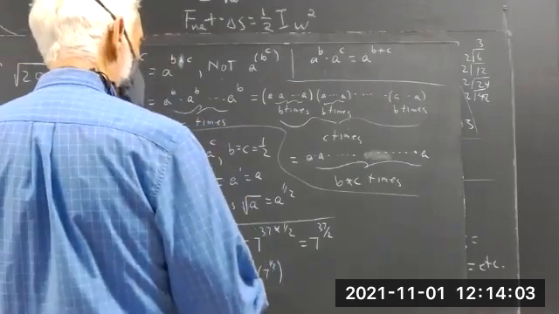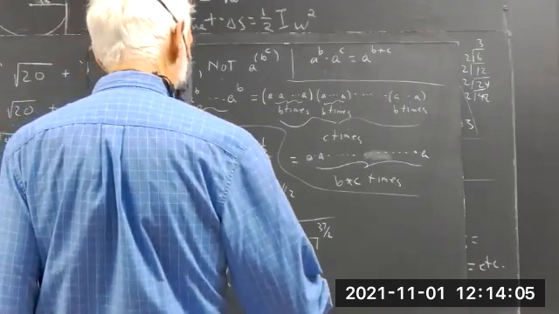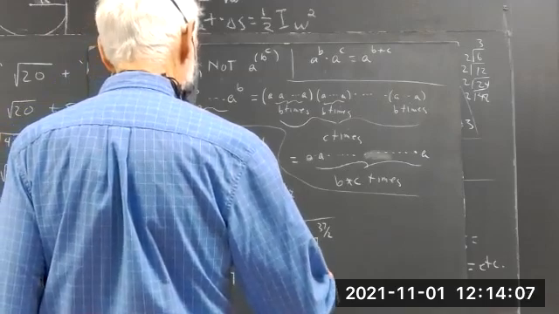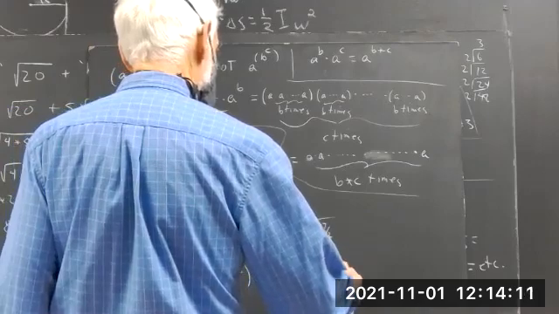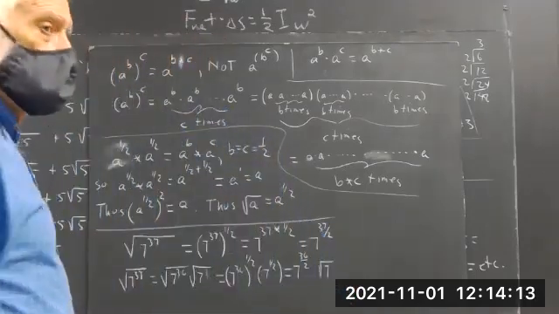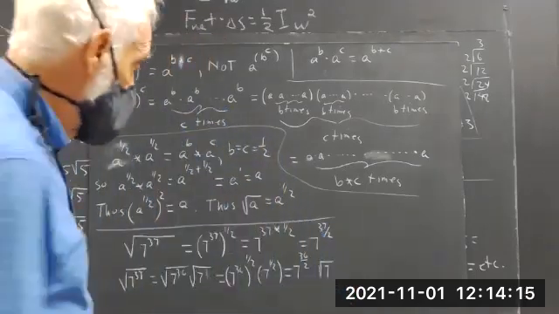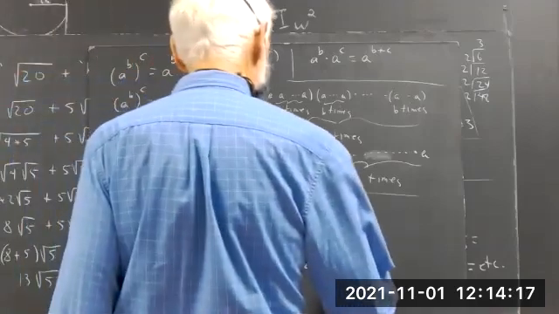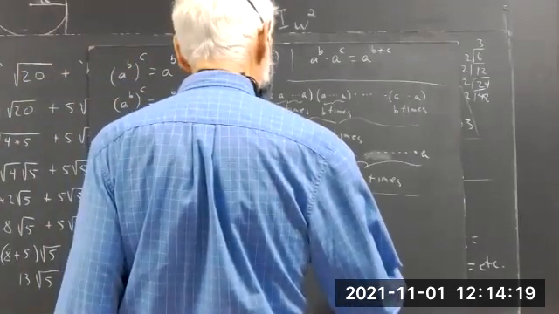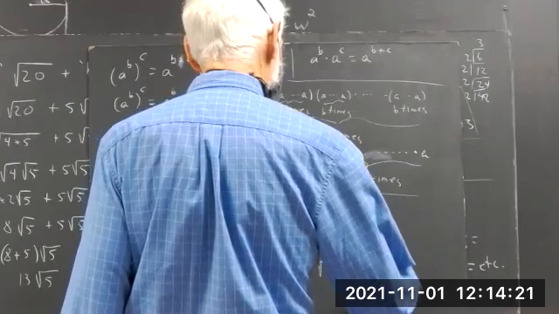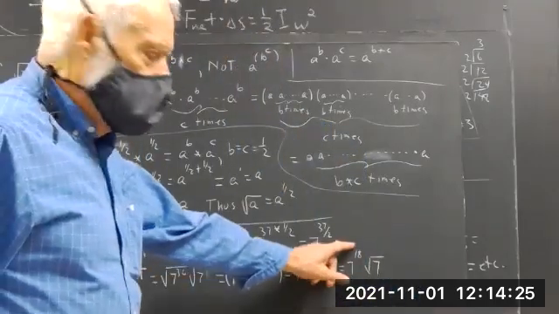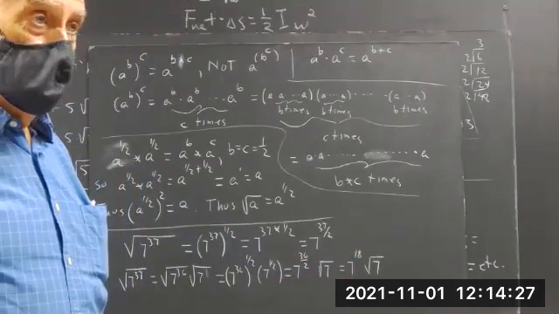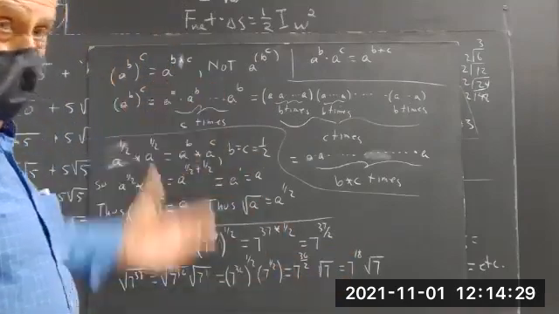Okay, what's the square root of 7 to the 36, that is, 7 to the 36 to the 1/2? 7 to the 36 halves. And that's where you get the 7 to the 18th, by using this rule.